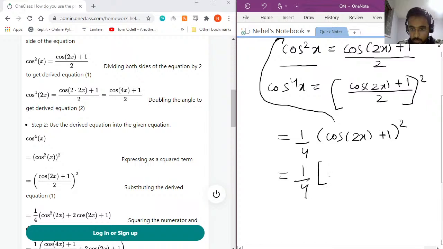So if we square this, we get cos square 2x plus 1 plus 2 cos 2x. As we said, cos 2x we can get from the equation above, so we will substitute that in.